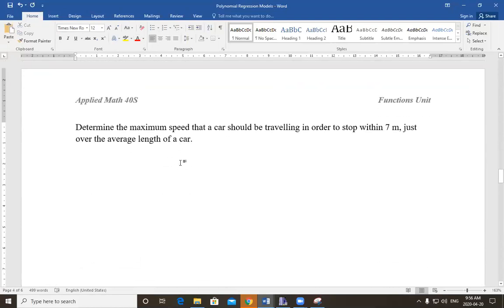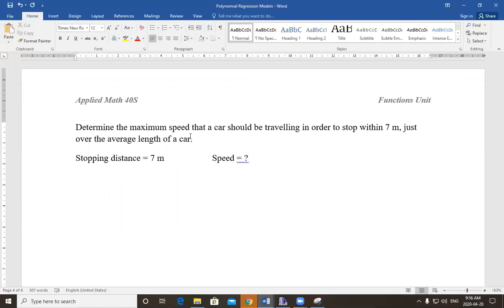So the next question is asking, determine the maximum speed that the car should be traveling in order to stop within 7 meters. Just over the average length of a car. So we're given stopping distance of 7 meters and the speed, we don't know. We don't know the speed.